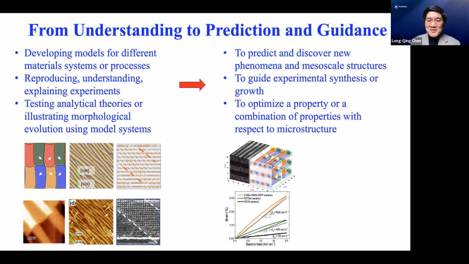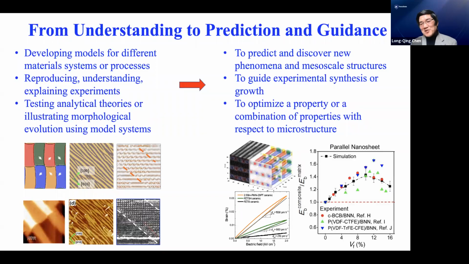I also briefly mention that through the phase-field simulations, our experimental collaborator was able to choose the right dopant to dramatically increase the piezoelectric effect of ceramics, and also showing that you can try to find the optimum.